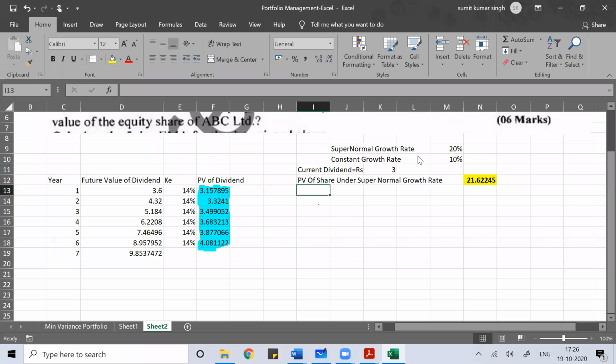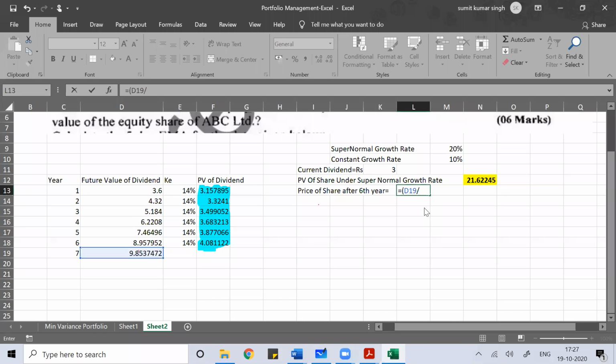The price of the share after the sixth year is equal to the dividend for the seventh year divided by the constant growth rate model.